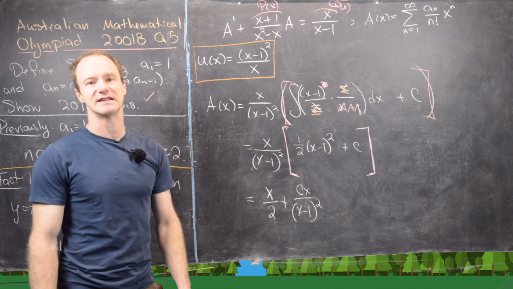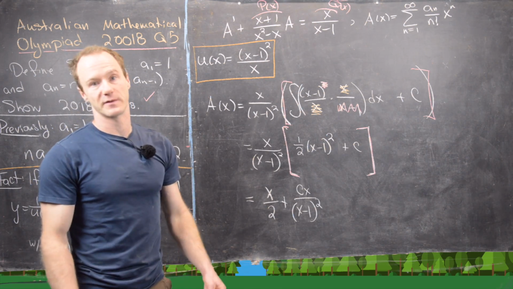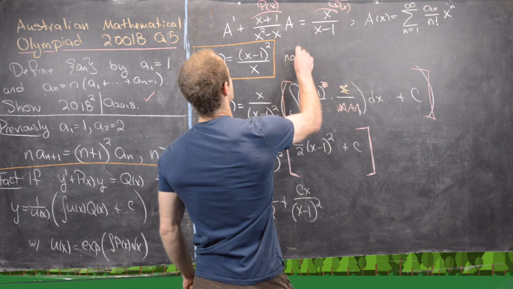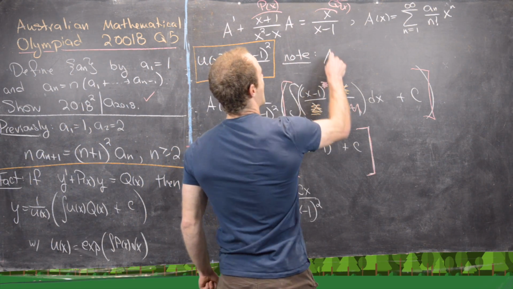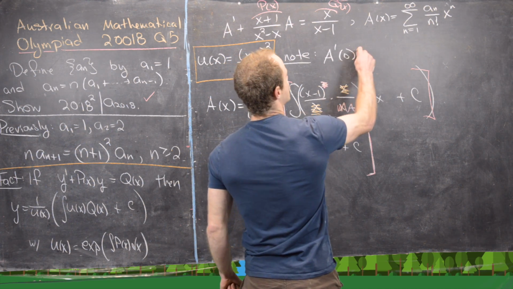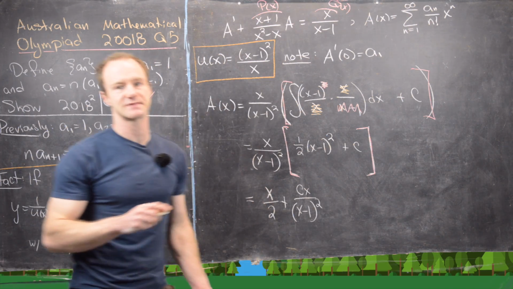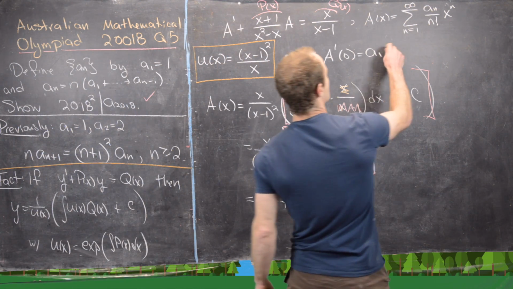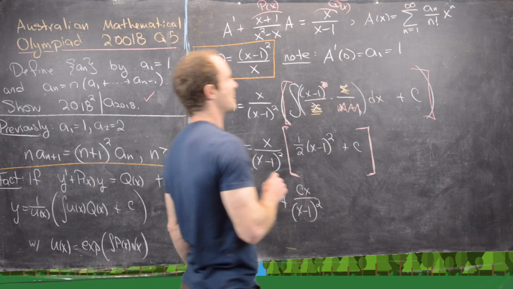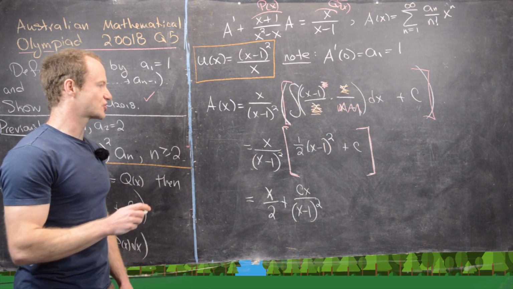And that's pretty easy to see from that formula up there. So maybe let's notice that real quick, that a prime evaluated at 0 is definitely going to be a sub 1. That's true for any exponential generating function, but that is going to be 1. So we're going to use that as our initial condition.